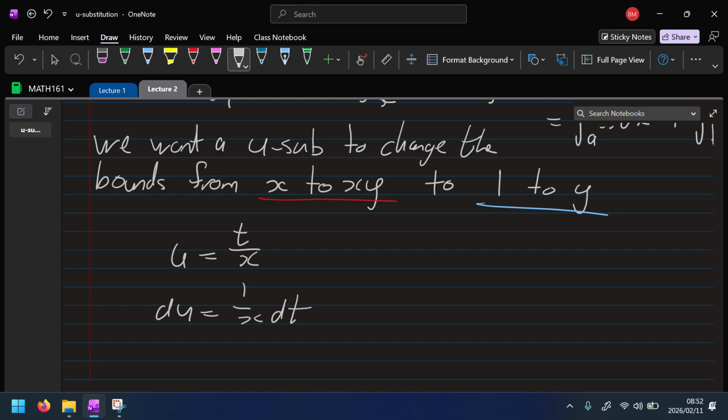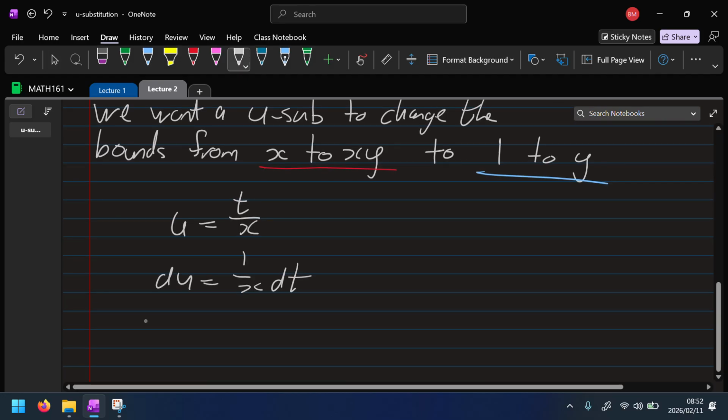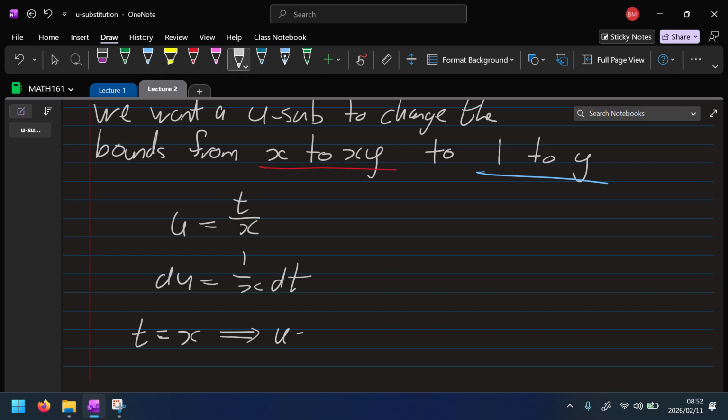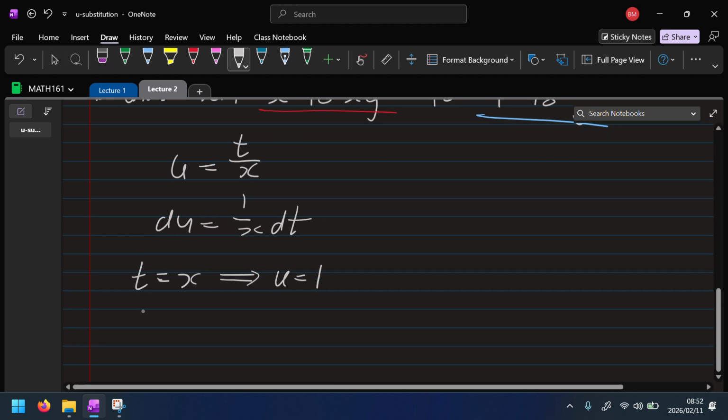But this is a definite integral, so we also need to change the bounds. So remember how it goes. t equals the lower bound, so u equals the new lower bound. The old lower bound was x. We substituted in. What's the new lower bound? 1. Good. And now we need to change the upper bound.